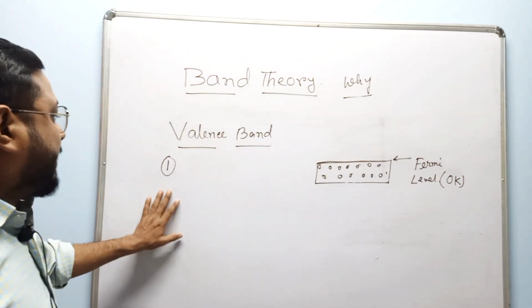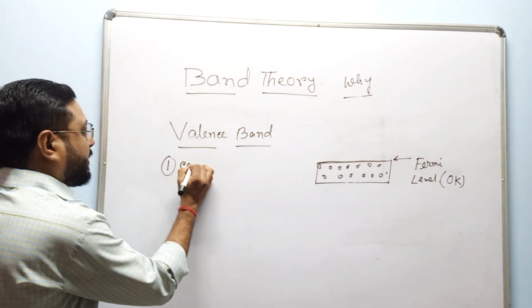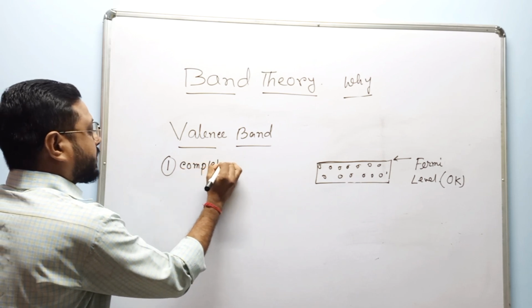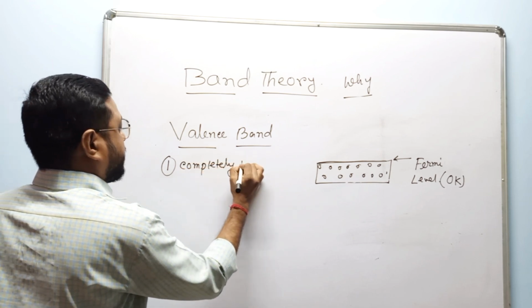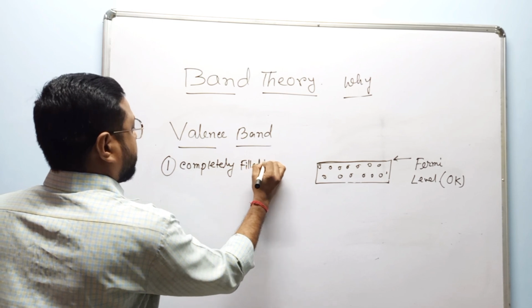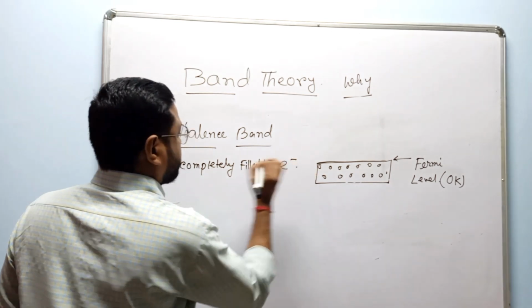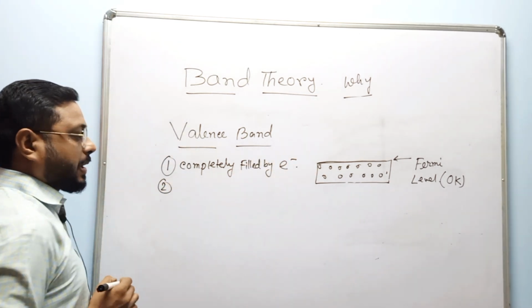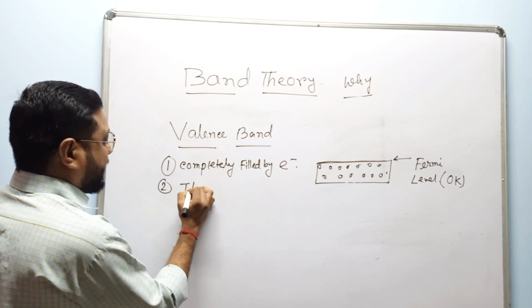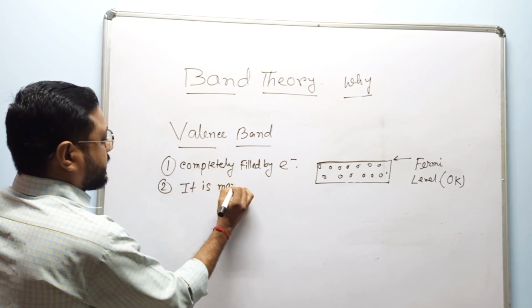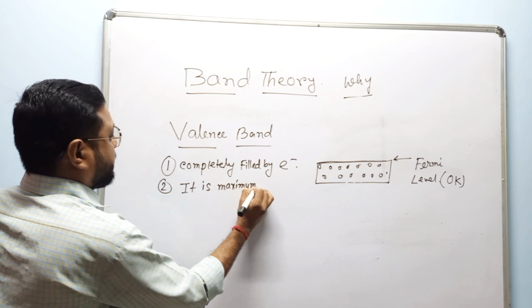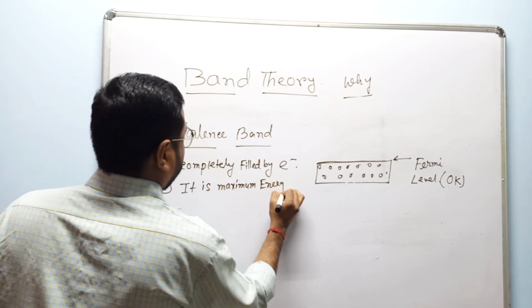So the valence band is completely filled by electrons. Number 2, it is maximum energy level. The energy level of valence band is maximum.